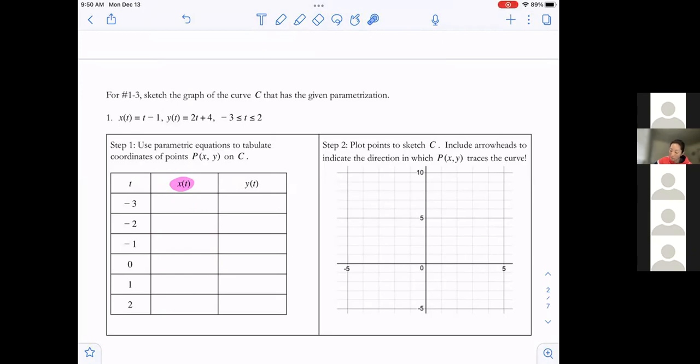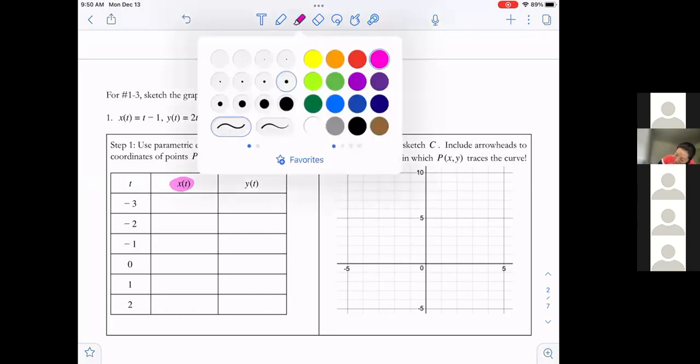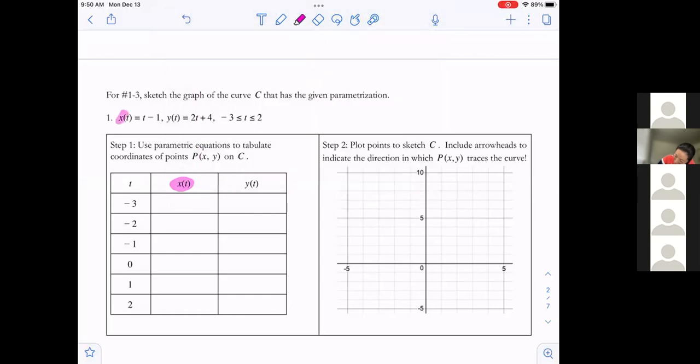How would we find all of these values for x of t? All right, we see plugging the t values into the, I'm going to guess you meant x equation. Yep, those letters are so close together on the keyboard, right? So let's go up. We're going to find our x equation. X equation, x of t equals t minus 1. Great.